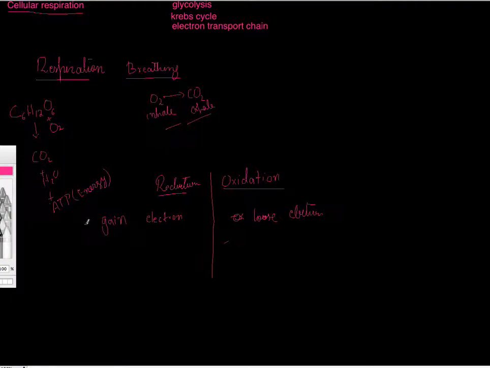But most of the time, if you have read a biology textbook, you would see that whenever hydrogen is added to an element, it is said to have been reduced, or reduction has happened in this molecule or compound. So basically they're saying the same thing, because when you gain an electron, you're basically getting the hydrogen with that electron.